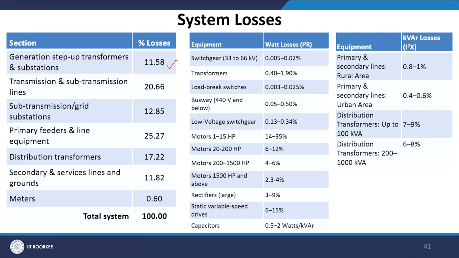And the system losses, if you see, starting from generation step-up transformer substations, which is close to 11.58%, transmission and sub-transmission lines 20%, sub-transmission grid substations 12%, primary feeder and line equipment 25%, distribution transformers 17.22%, secondary and service lines and grounds are 11%, and meters are close to 0.6%. This is how the total losses are distributed.